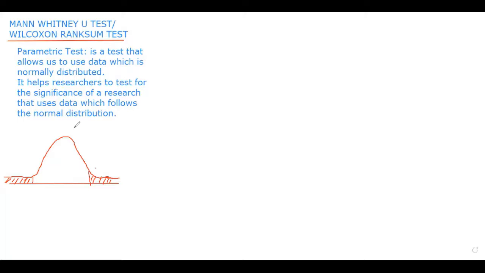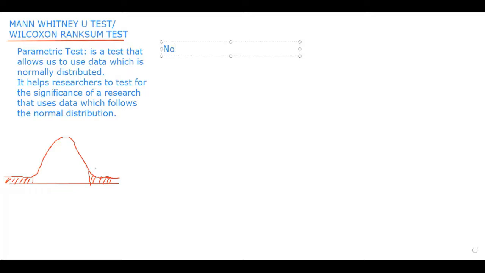This is what a parametric test talks about: a test that allows us to use data which is normally distributed, and data is normally distributed when it follows the normal curve. If the data you are dealing with follows this normal curve, then that test is parametric.